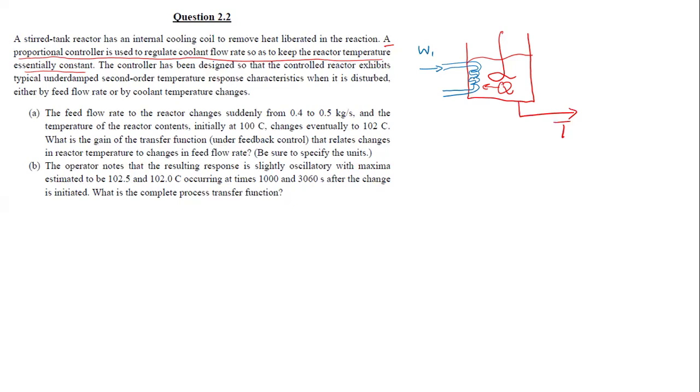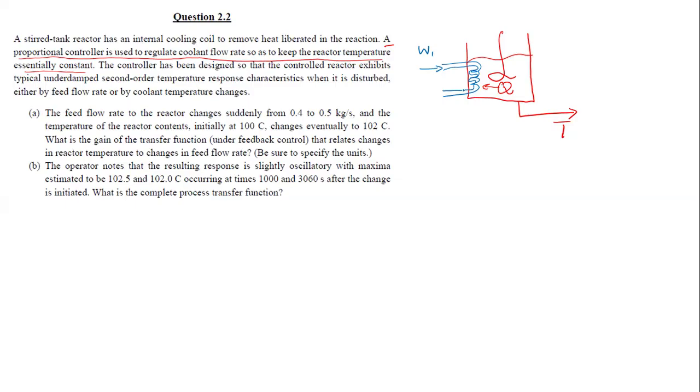When this cold water gets inside of the coil in the stirred tank reactor, because it is cold water inside of a hot solution, the heat will be transferred into the coil because of the temperature gradient. We know that heat will always move from a higher temperature to a lower temperature. Remember, this is heat transfer.